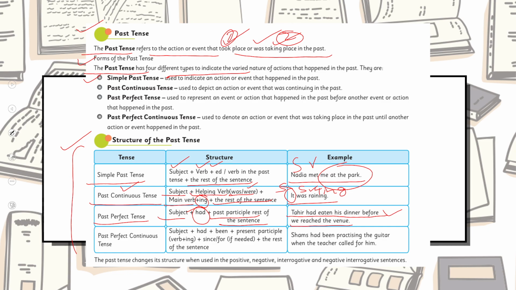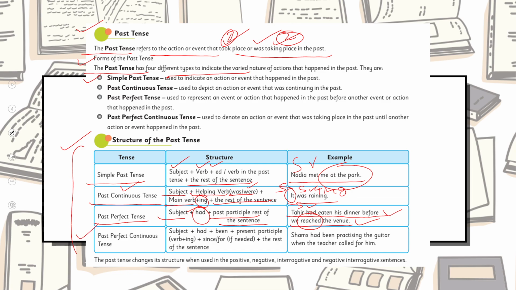When there are two actions, you have to show what happened before or after, then you can use the past perfect tense. So Tahir is our subject, had is our must and necessary word to put over here. Eaten, past participle of eat is eaten. Then the rest of the sentence. And whenever you are having the verbs, you will always do it in the past participle.